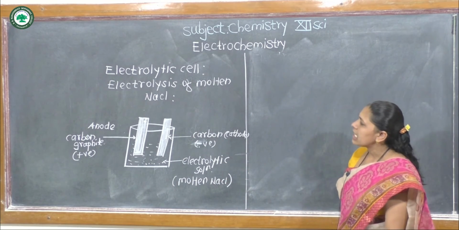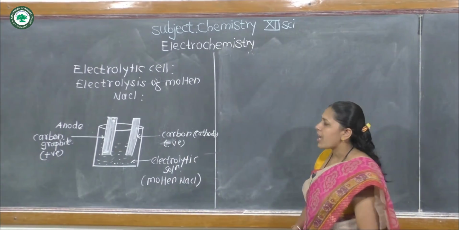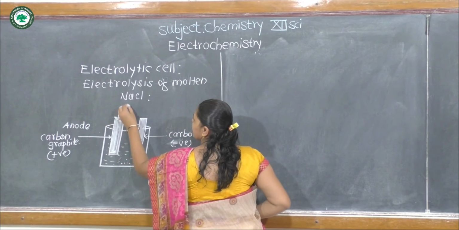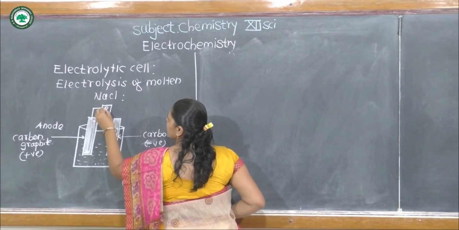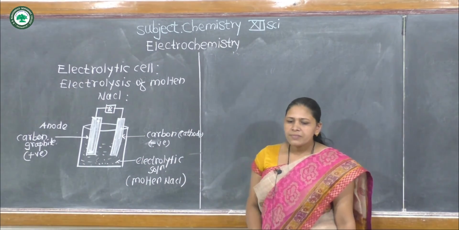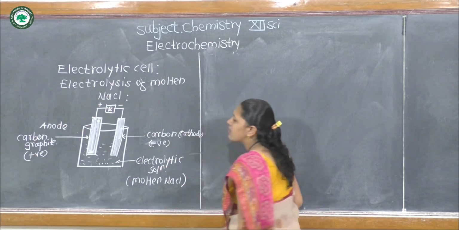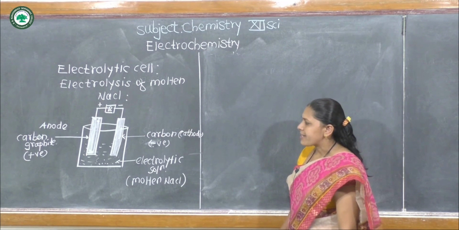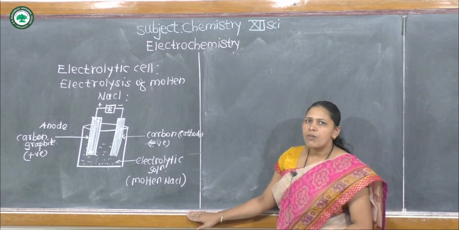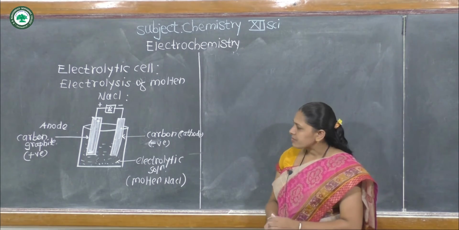We know that in an electrolytic cell, the two electrodes are connected by an external source of electricity, that is a battery. Therefore these two electrodes are connected by a battery, and this is the positive terminal of the battery and this is the negative terminal of the battery. Such is the construction of electrolysis of molten NaCl.